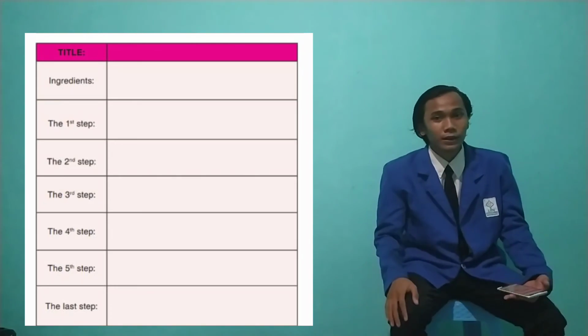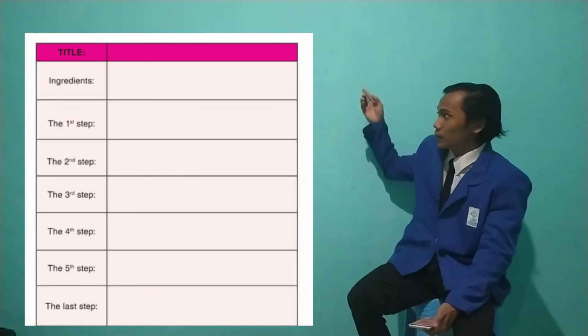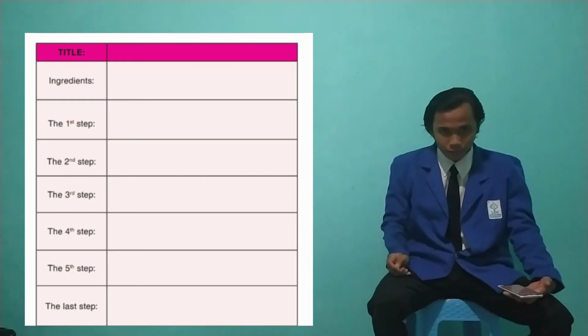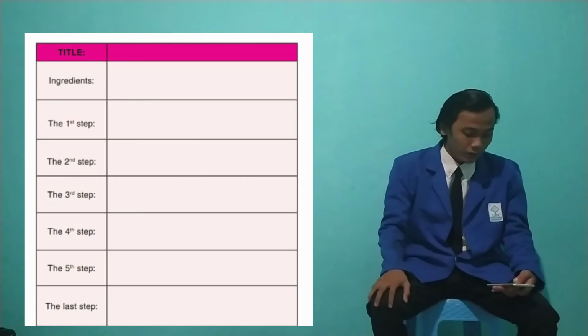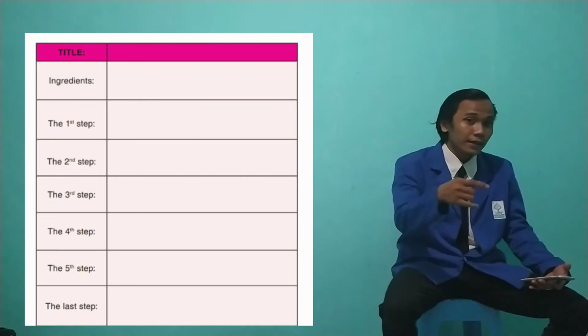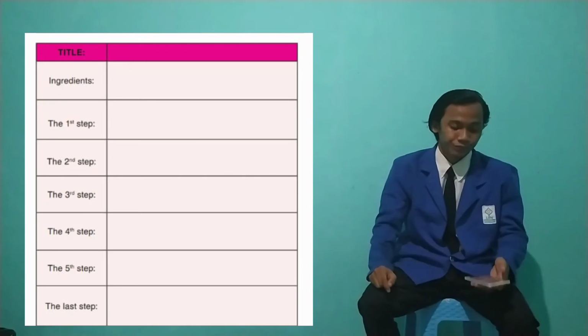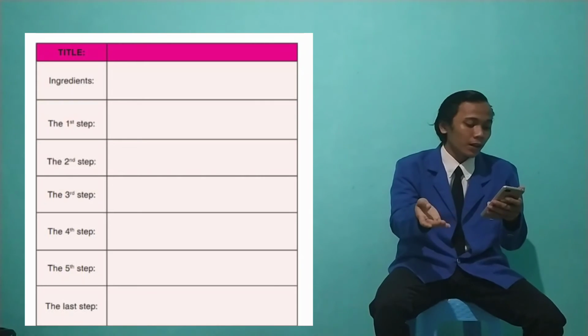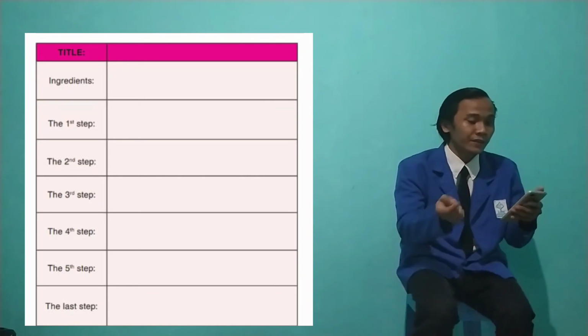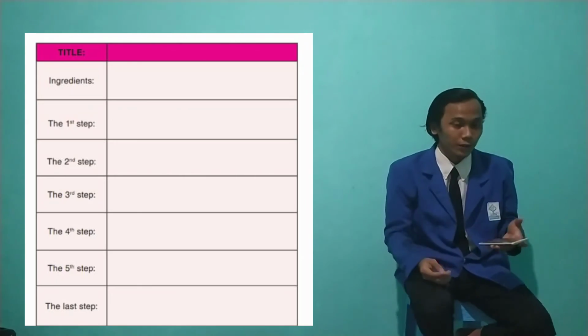In the first column, you should write the ingredients and then the steps. You can cut off the steps if you have fewer steps than this example. Do you get it? Okay, Alhamdulillah.